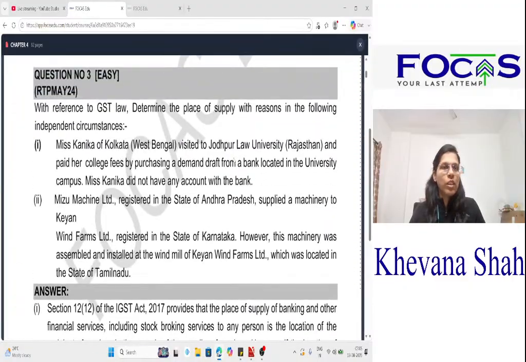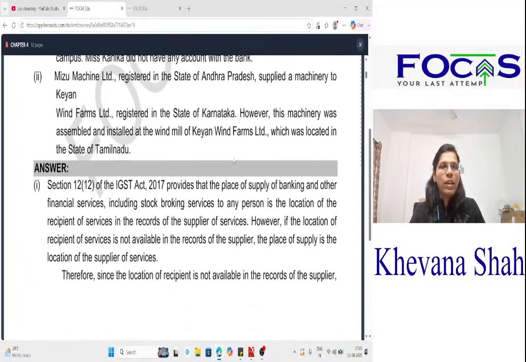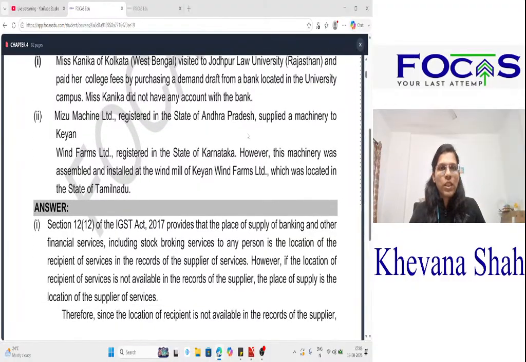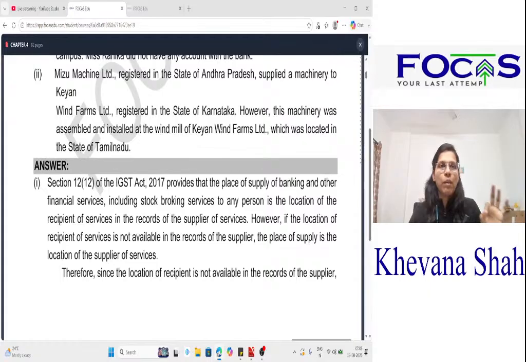Now, question number 3, second part. Mizu Machine Limited, registered in the state of Andhra Pradesh, supplied a machinery to KN Wind Farms Limited, registered in the state of Karnataka. However, this machinery was assembled and installed at the windmill of KN Wind Farms Limited, which was located in the state of Tamil Nadu.